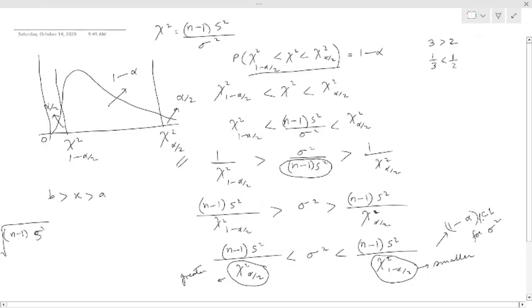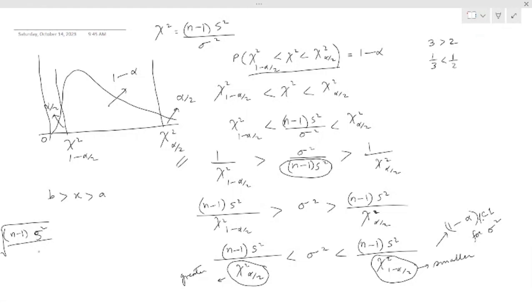So this is s square divided by chi square alpha by 2, and again a square root on the right part as well. So this is how we derive the formula for the 1 minus alpha percent CI for population standard deviation.